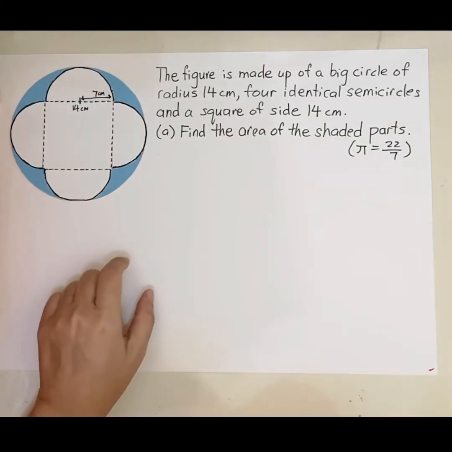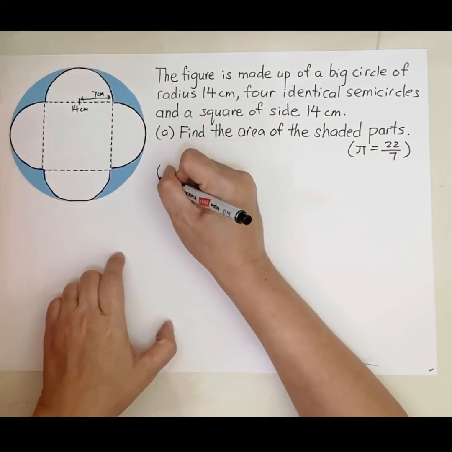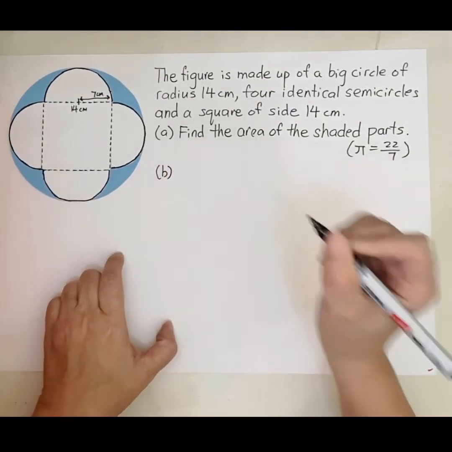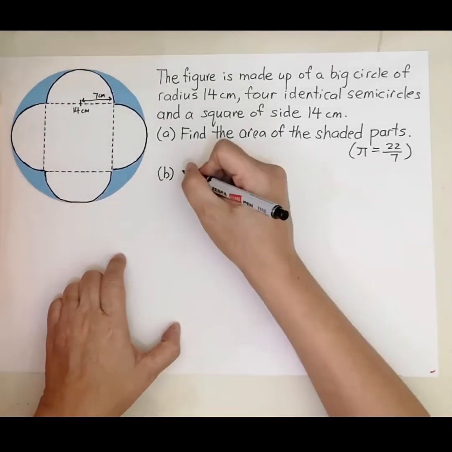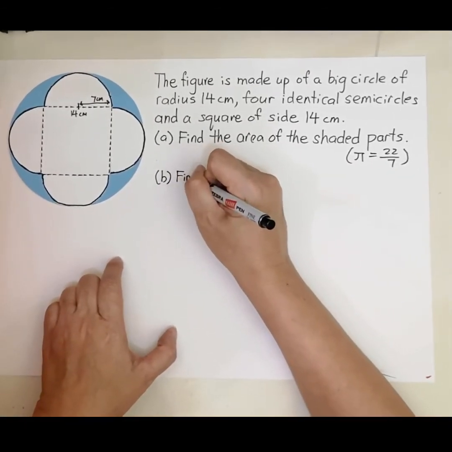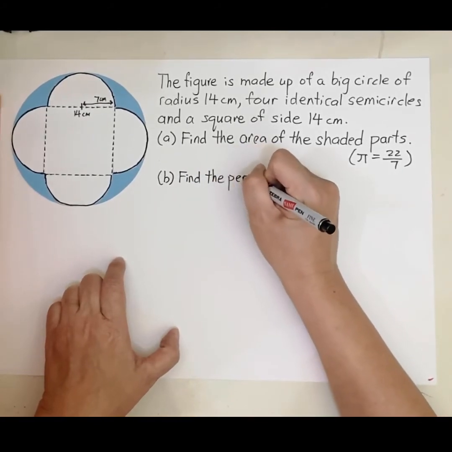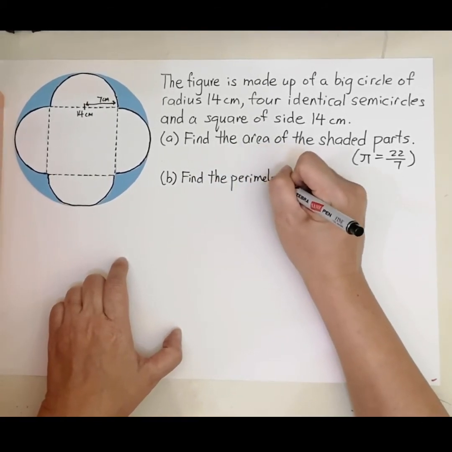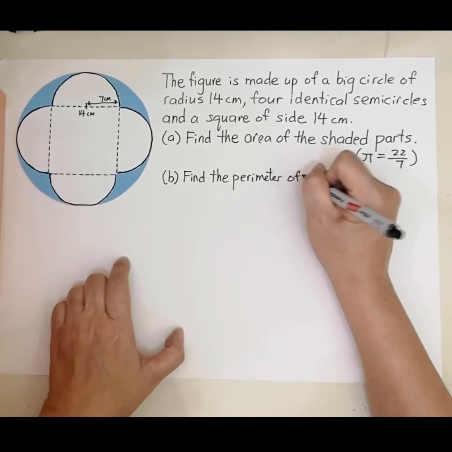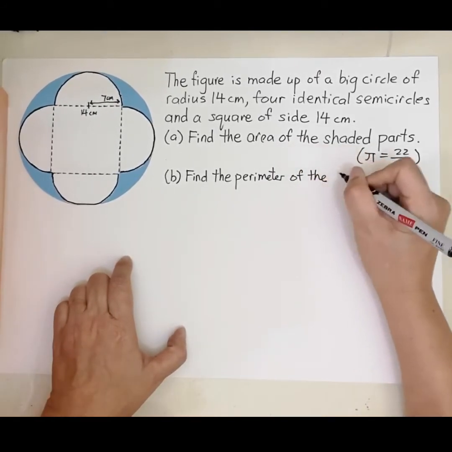Now let us add a part B to this question. Say in part B, we are asked to find the perimeter of the shaded part.